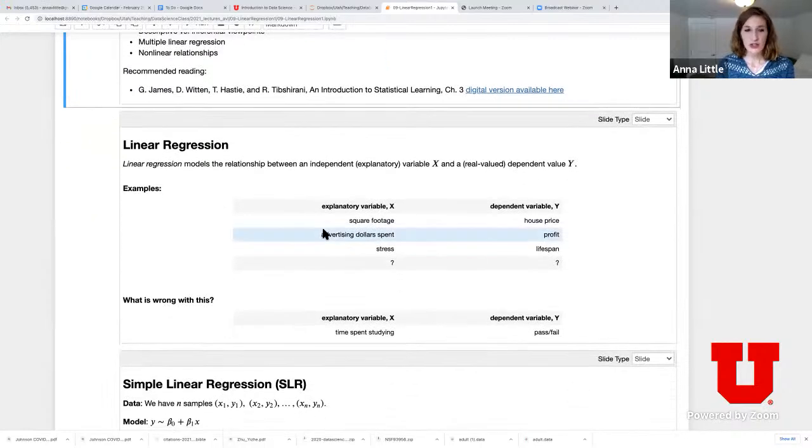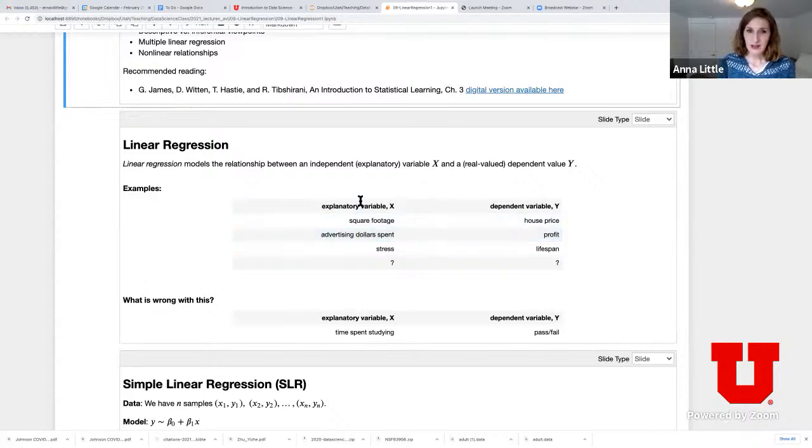Okay, so what is linear regression? You have probably seen this before in some other classes, but if you haven't, that's fine. In a linear regression model, we want to model the relationship between what we call an independent or explanatory variable x and a real valued dependent variable y.